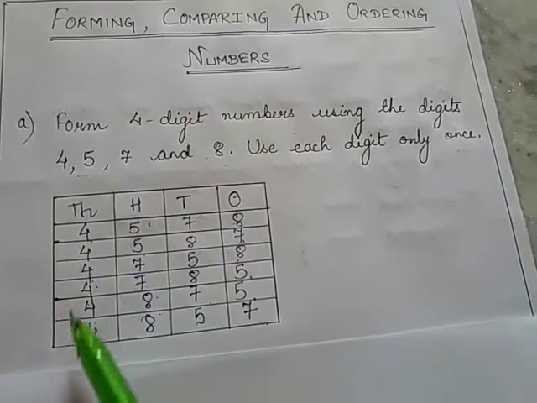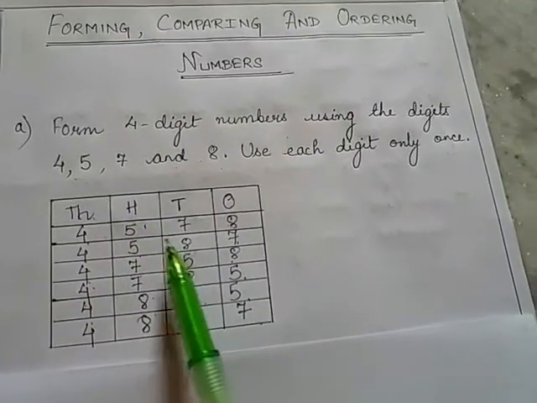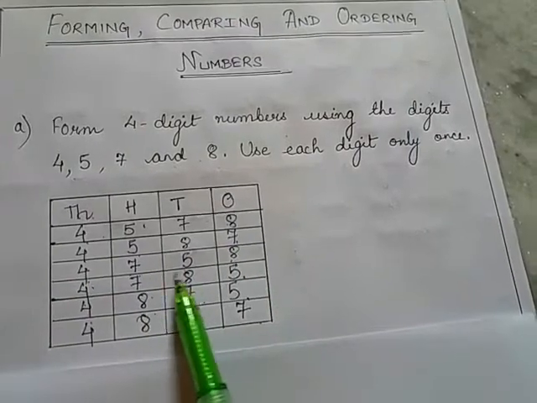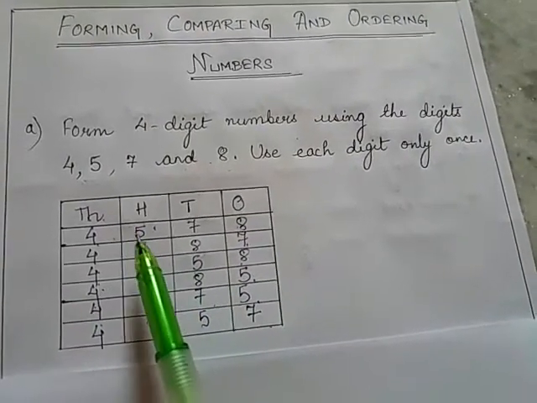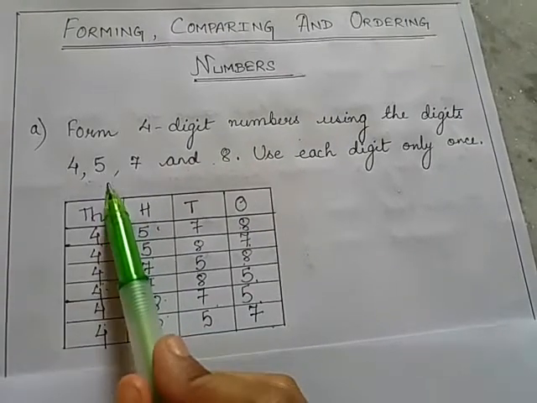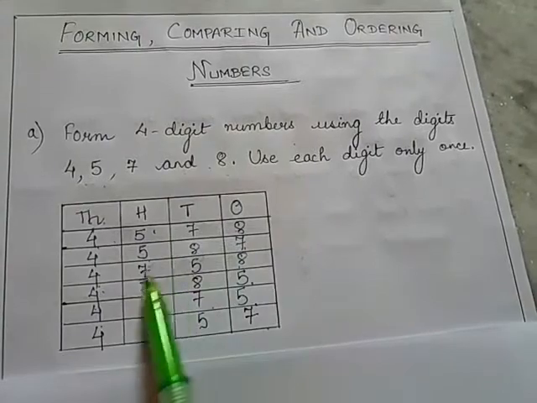So this is how we can form many 4-digit numbers with these digits if we arrange them in different ways. So this is one way where we have kept 4 in the 1000 place and we have interchanged these digits among themselves. Now let's see one more type where we can put 5 in the 1000 place and the rest of the digits we will interchange.